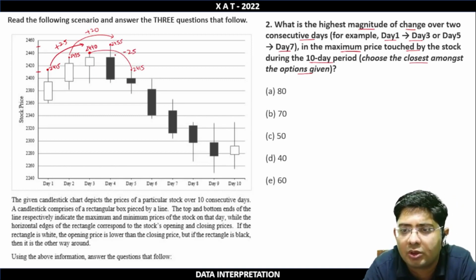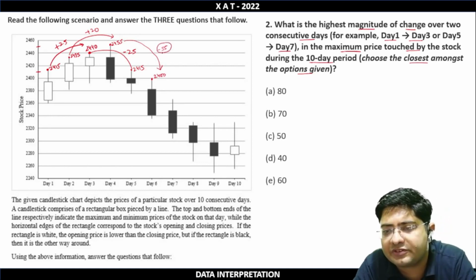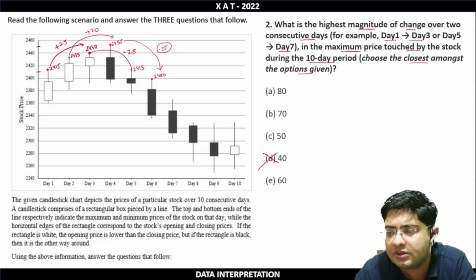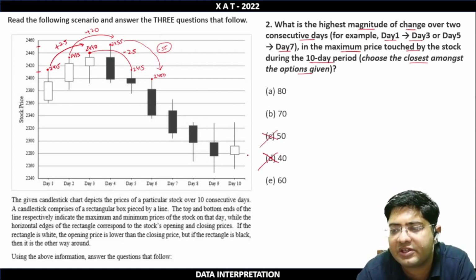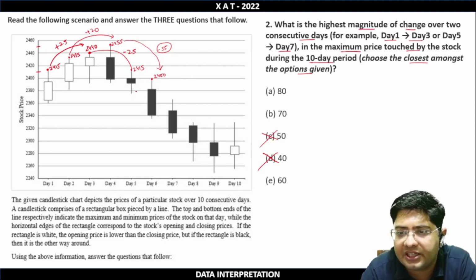Okay, now if I look at day 4 to day 6, day 4 is 2455 and that is 2400. So we can see the change of 55 here. Okay, so that means 55, so far we have seen that 40 is ruled out and 50 will be ruled out. Okay, now let's check for day 5.